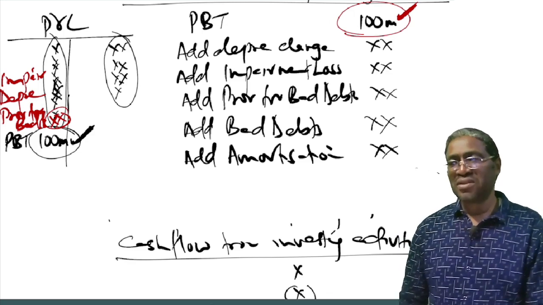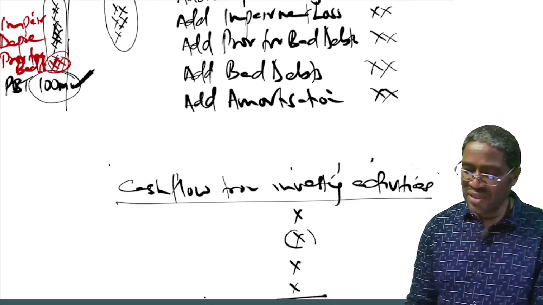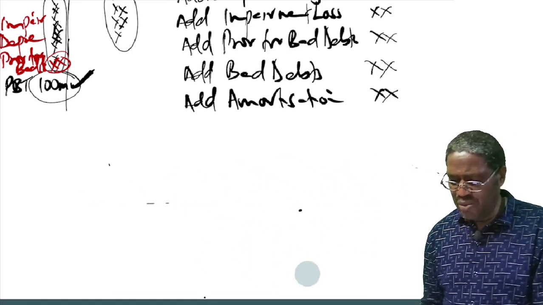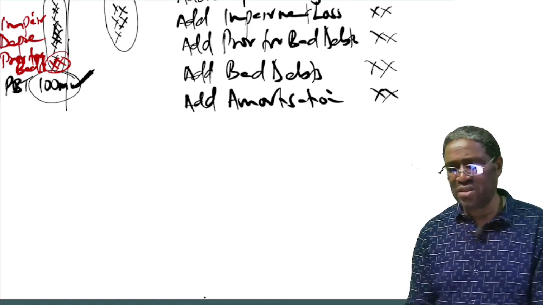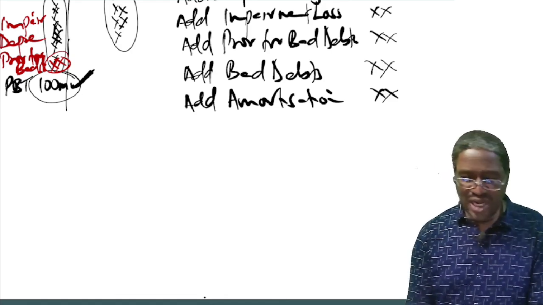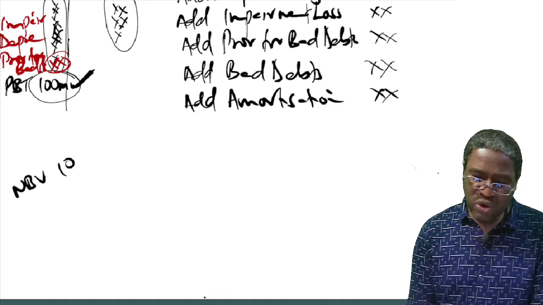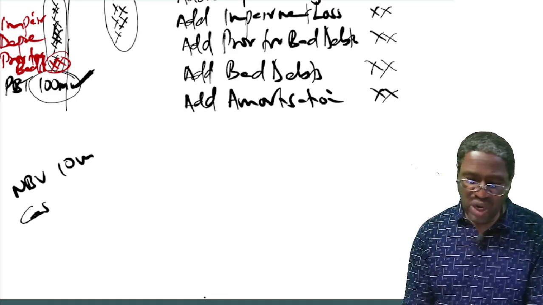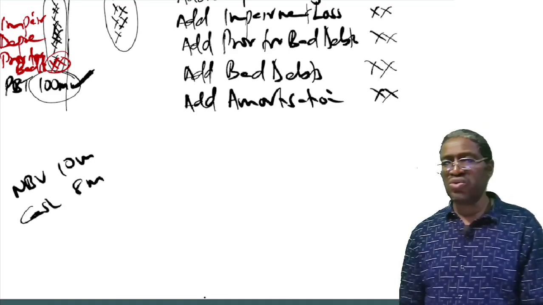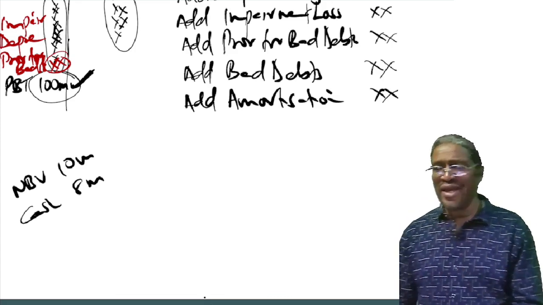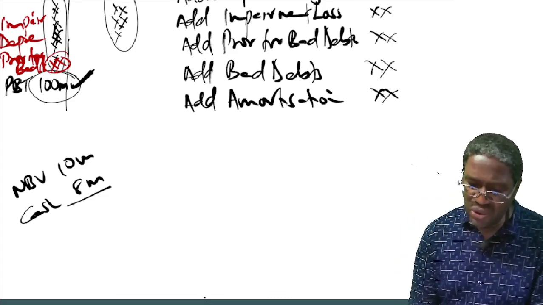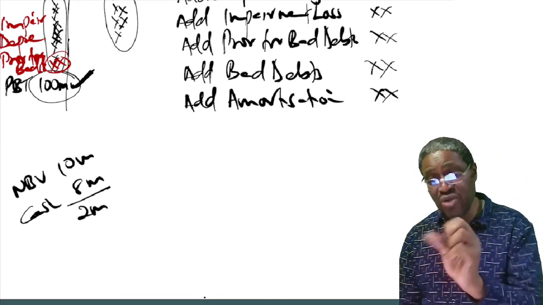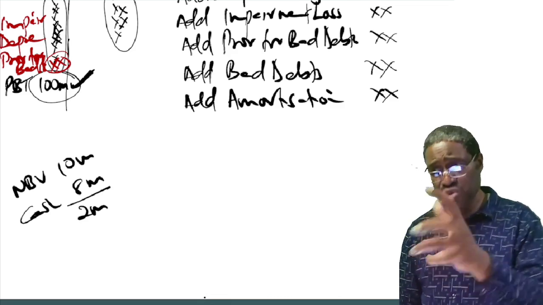Now, let me give you another one. When you as a company have a motor vehicle or furniture or building, let's assume it's a motor vehicle. That motor vehicle had a net book value of 10 million. You sold that motor vehicle for cash of 8 million. It is obvious you must have made a loss of how much? 2 million. It had a book value of 10 million in your company, sold for 8 million.